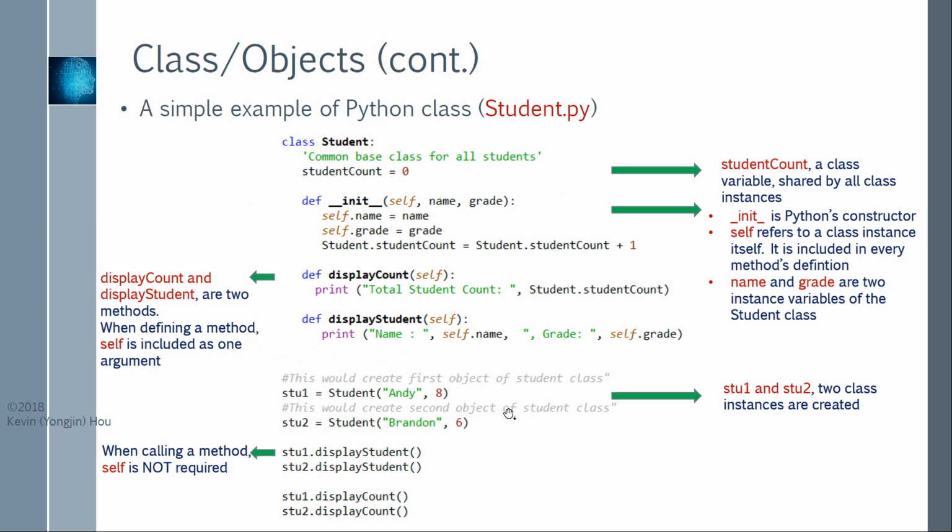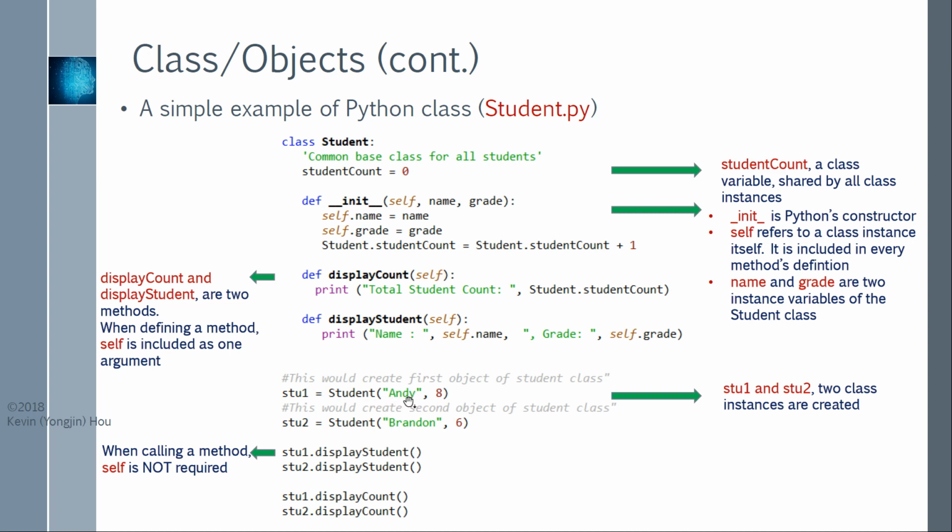Now, how do we use the class that we just defined? Here is how you use it. First we create a first instance called stud1, and we are passing the name as Andy, a grade of 8. Again, we do not need to pass self because self just refers to the instance itself. It exists in the function definition, but when you call this function, you do not need to pass self.